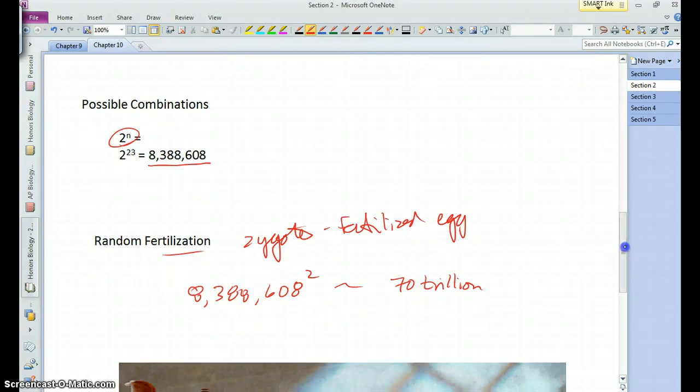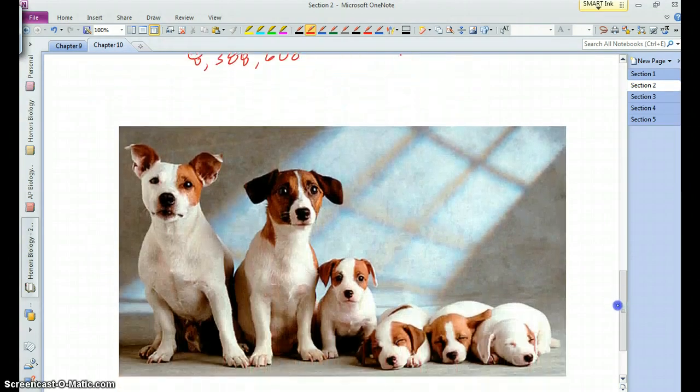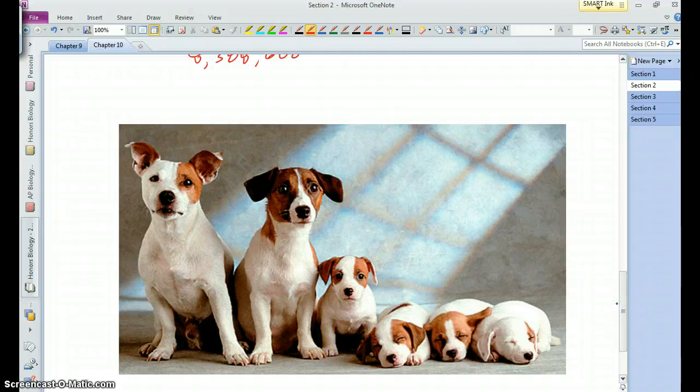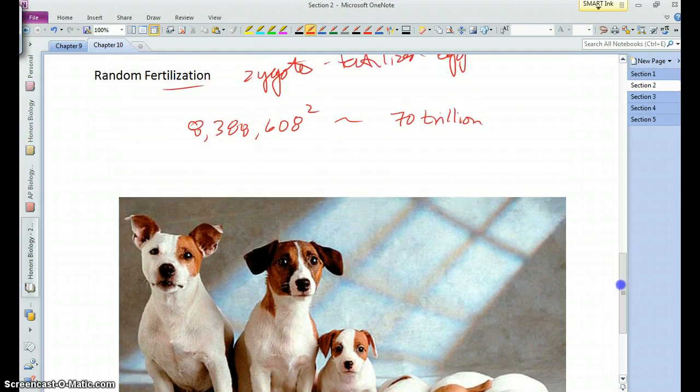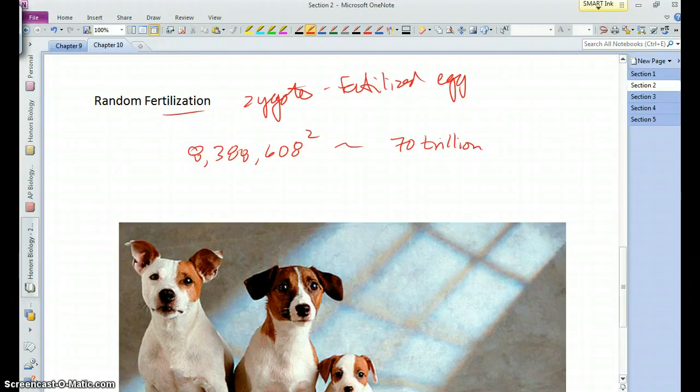So that is why offspring of two parents are all different from each other, like these pups here. In theory, it's possible that two offspring could be genetically identical. I'm not talking about identical twins here, because identical twins are identical because they come from a single fertilization event.